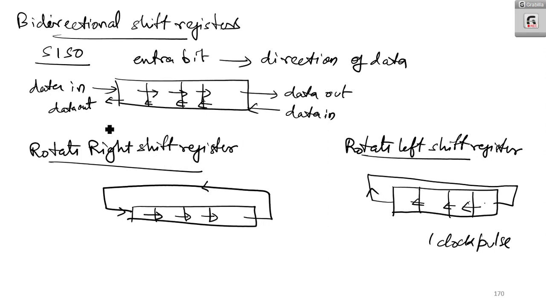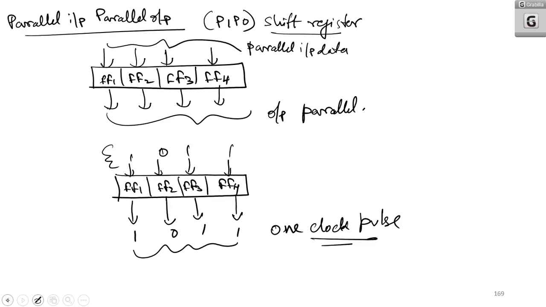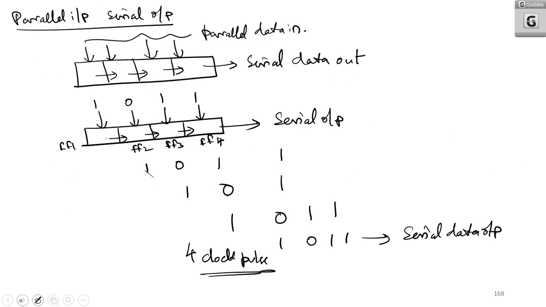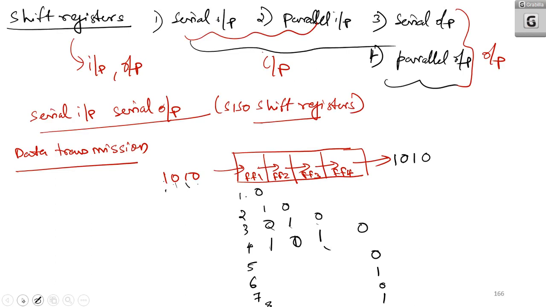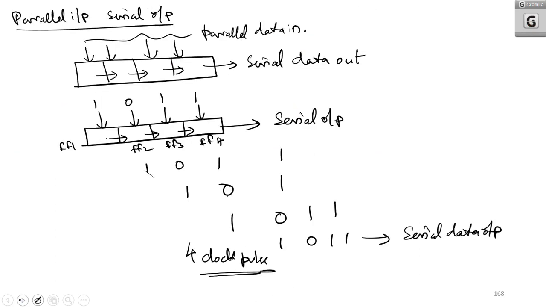So here I have just mentioned how data is flowing in a shift register. In the next lecture we will be dealing in detail with the circuits of shift registers, that is SISO, SIPO, then PIPO and PISO. That we will be dealing with in the next lecture.